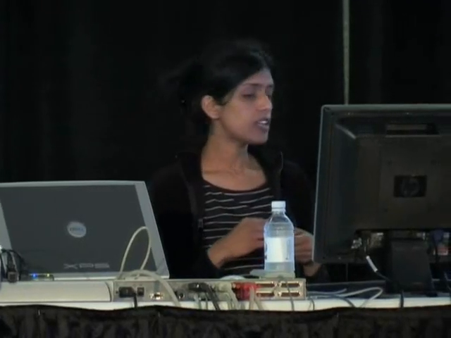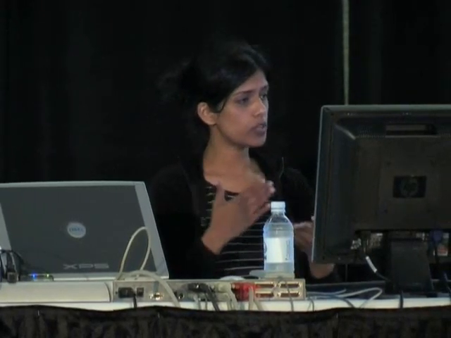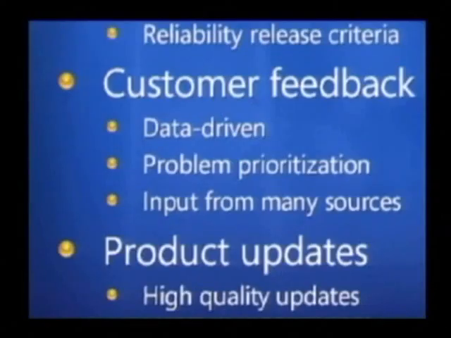And then the last part is when we do get the customer feedback, make sure that we provide solutions to the customer. Sometimes we might even need to provide an immediate solution to a customer if it's a critical problem.